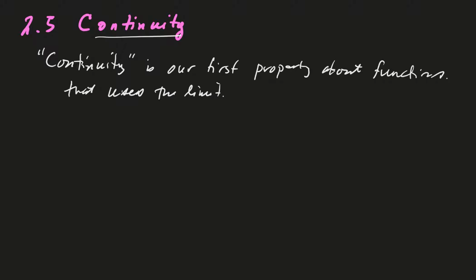Let's see why. Just intuitively, what is something that's continuous? Something that's continuous intuitively has no breaks or jumps or vertical asymptotes, say. So let's put that together intuitively.